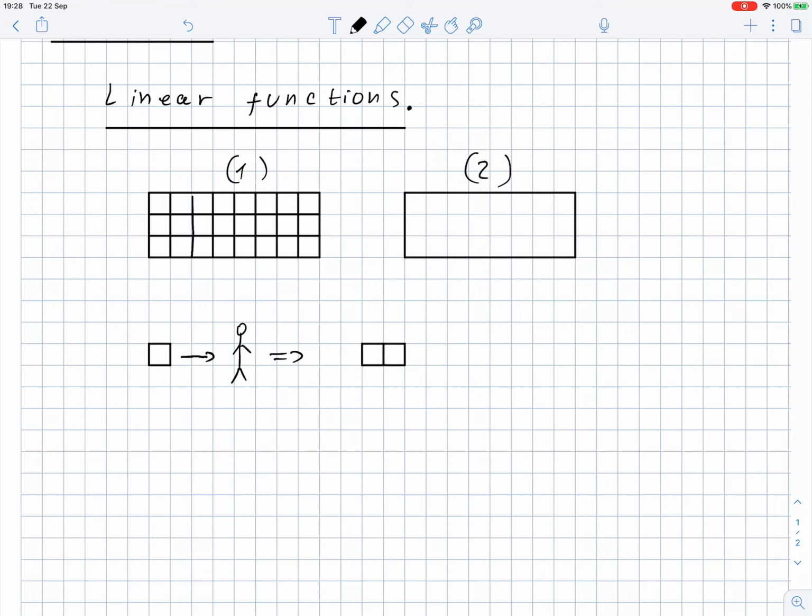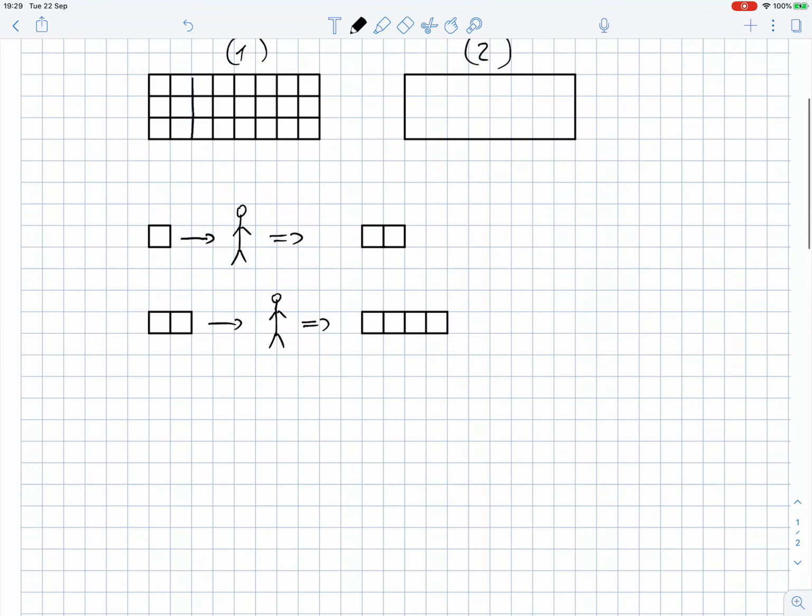Second example, you can take two cubes from the first basket. Again, they will go through your hands. You will apply your magic, and then you will have four cubes. And again, you will put them in the second basket. You can continue with your magic, and let's assume at some time you will take X amount of cubes.